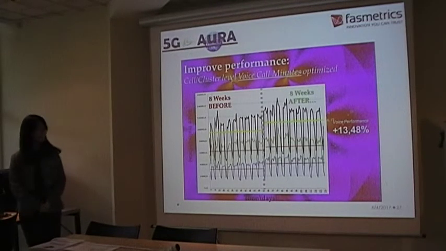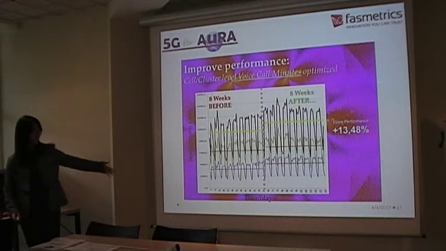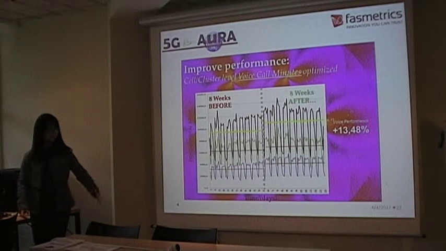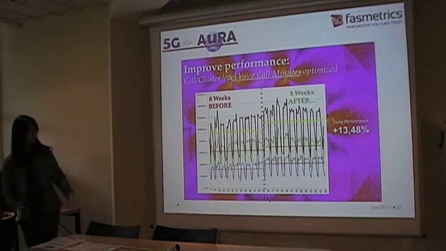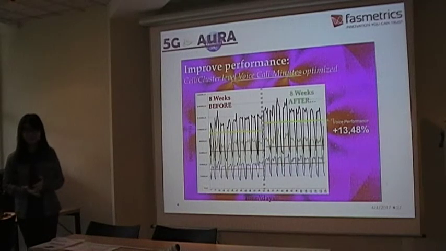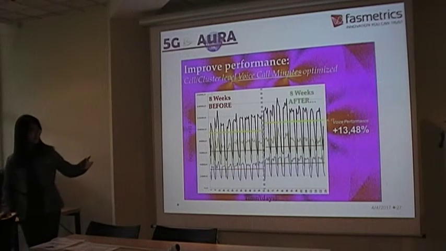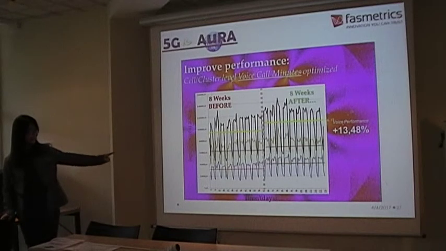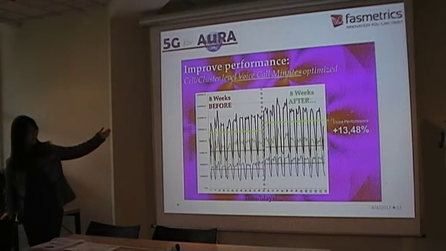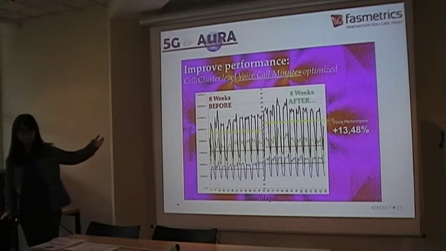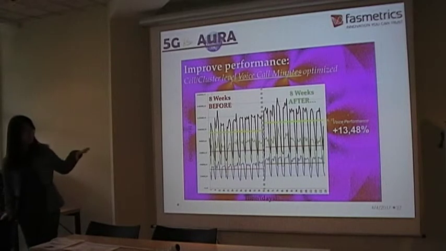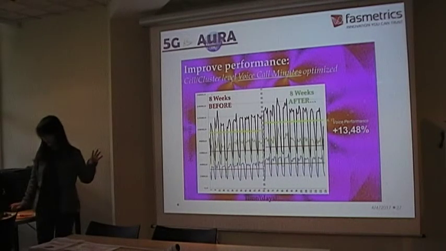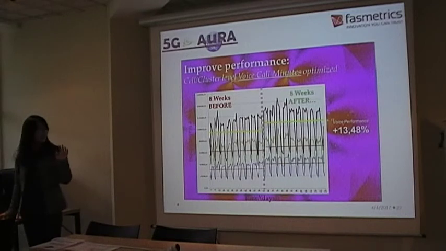And here is voice traffic in this cell for an 8-week period of time before and after we implemented it. And we can see that the voice traffic in this cell for the 3G usage and 4G usage and the total combined voice traffic can be improved by around 13.5% after we implement this technique for an 8-week period of time.